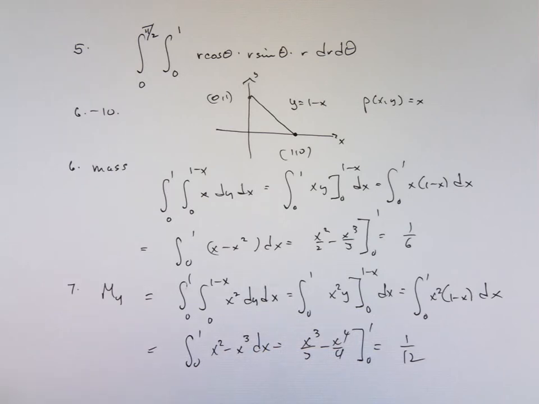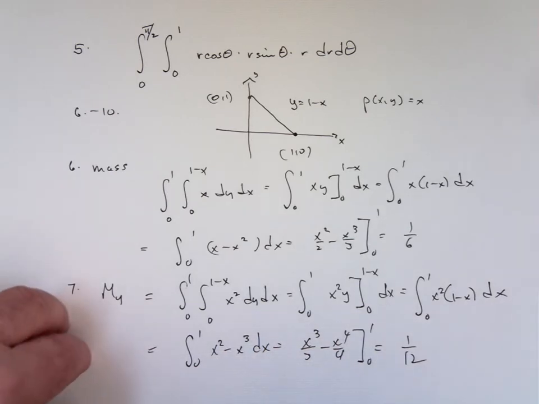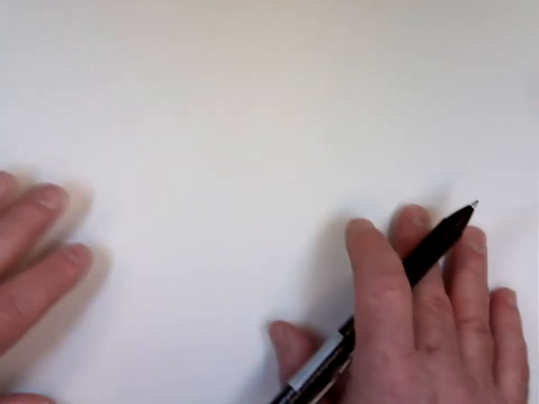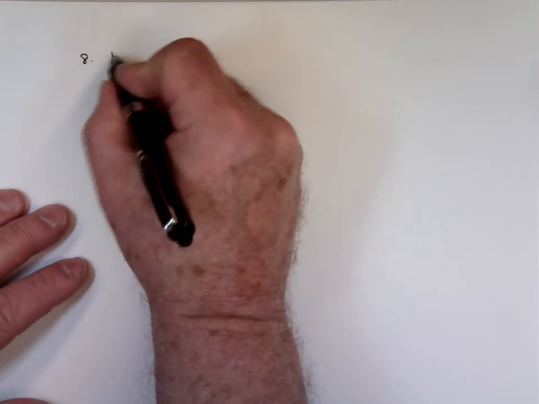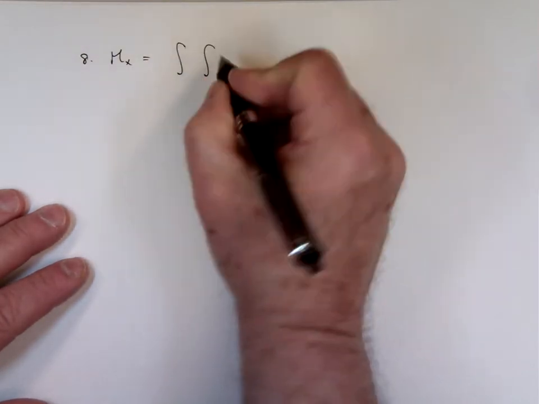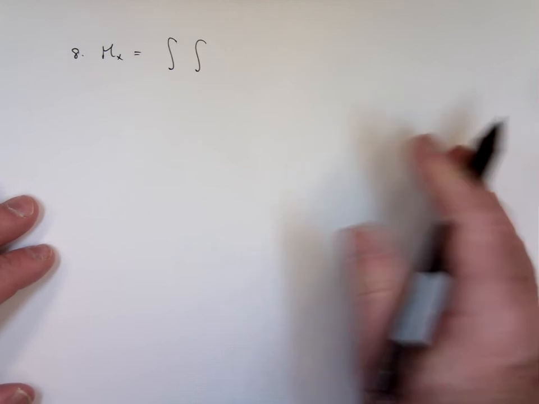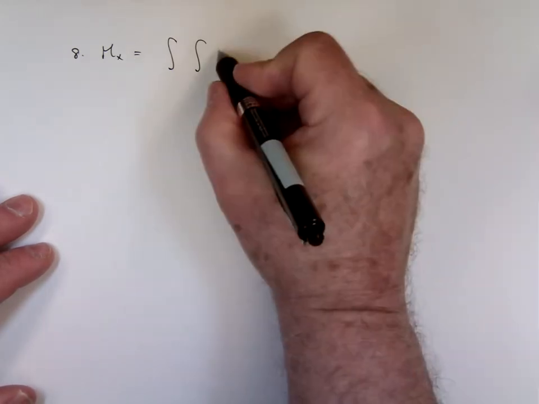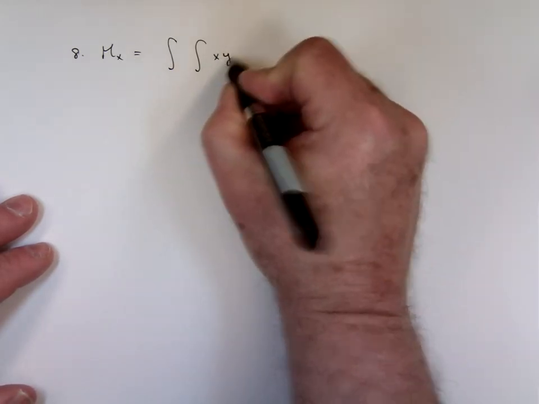Good deal. Number 8. In number 8, we have to find the moment about the x-axis. And again, it's a double integral. We have our density function of x, and the distance from the x-axis is y.